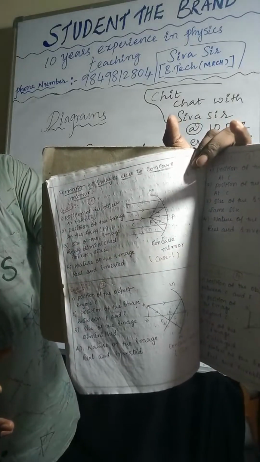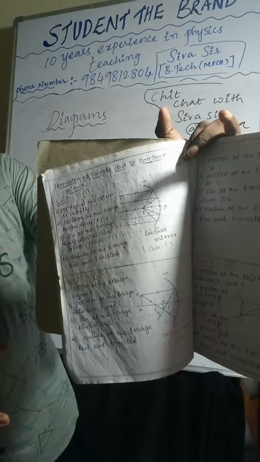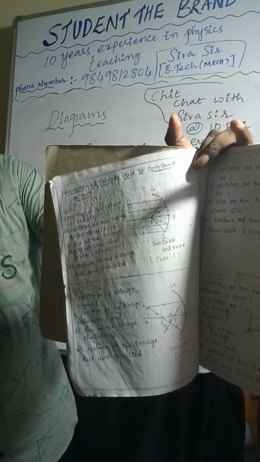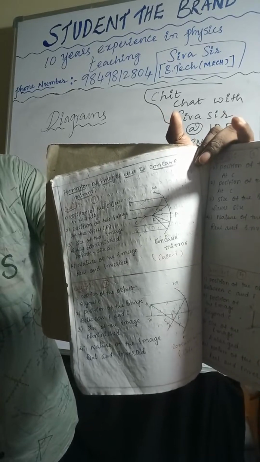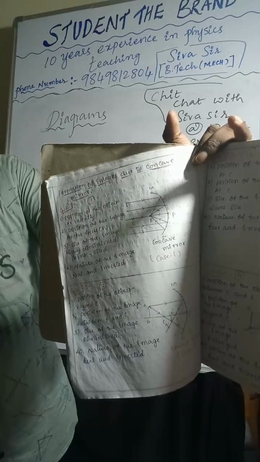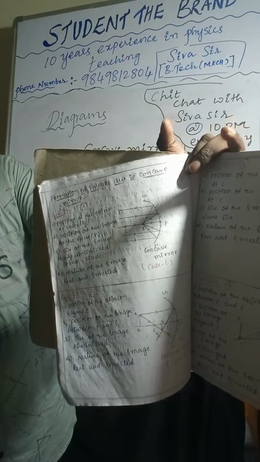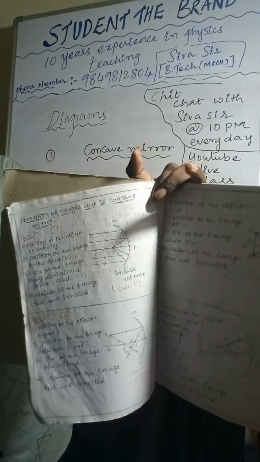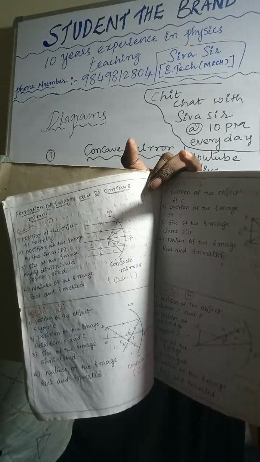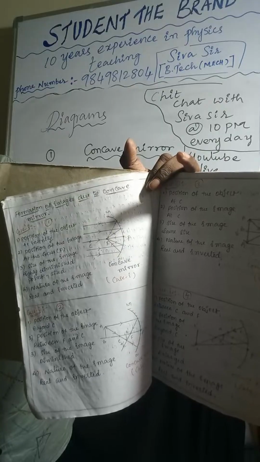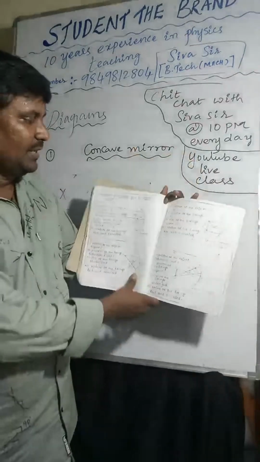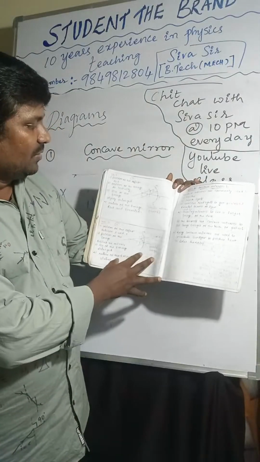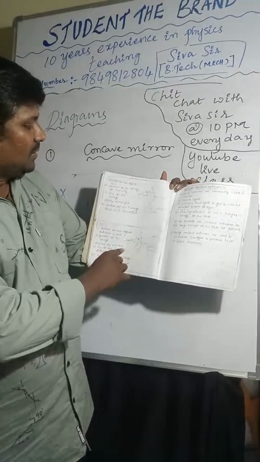So one direction is enough. More than that is not required. You see here how I am drawing each and every diagram. Maybe it is not visible. Now you can see. Here also you can see the virtual image, how it is happening.